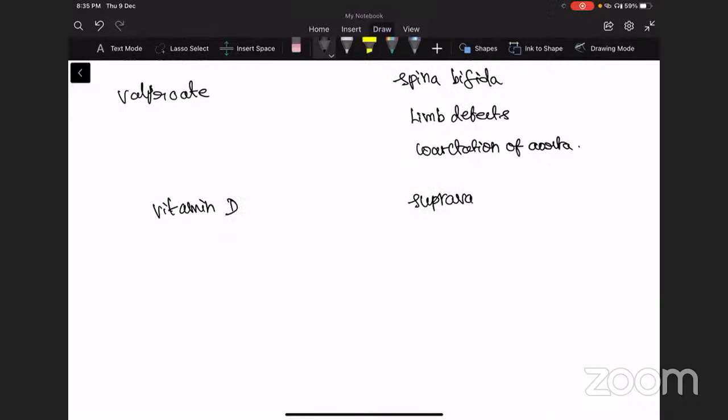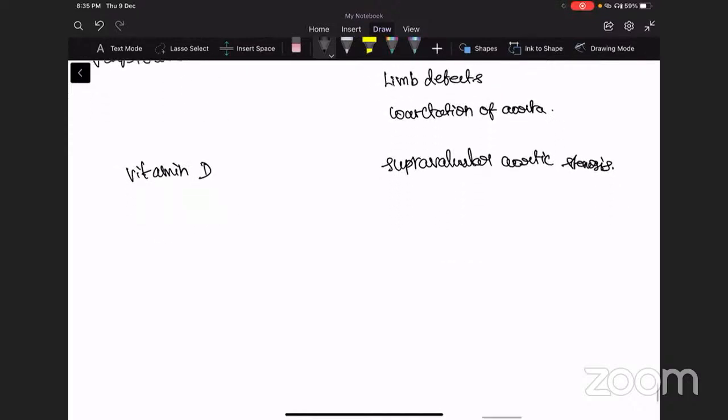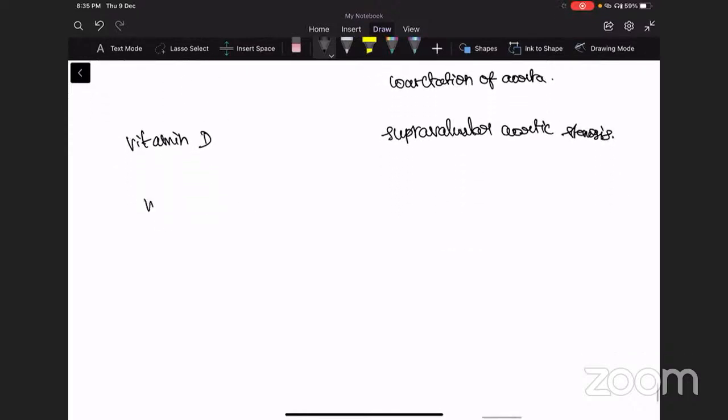Vitamin D causes supravalvular aortic stenosis. Warfarin causes hypoplastic nasal structures.